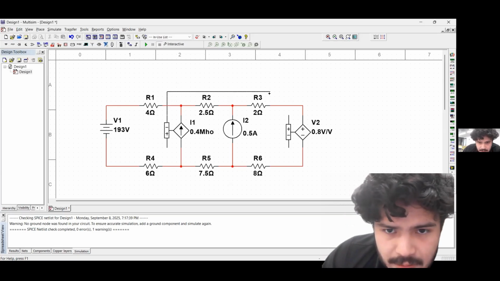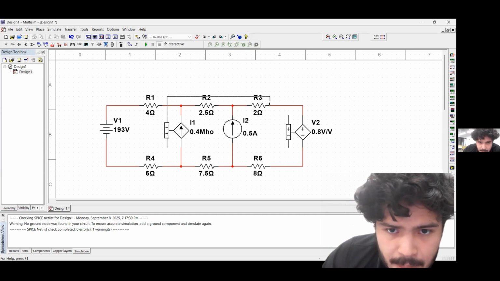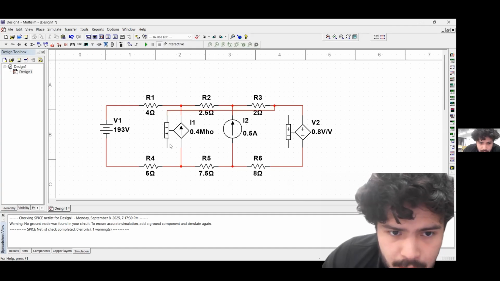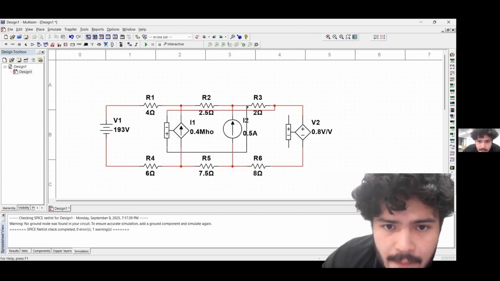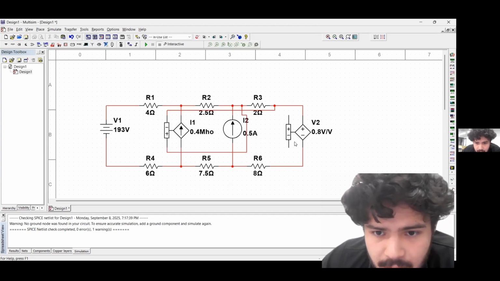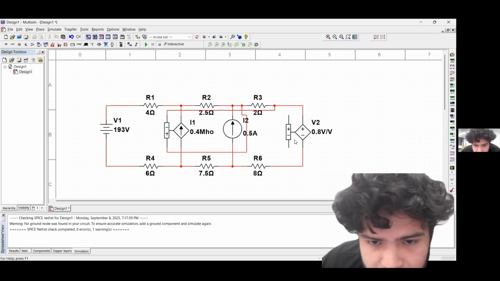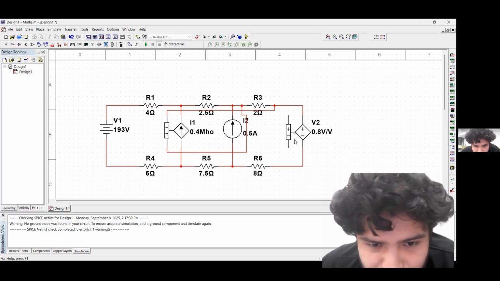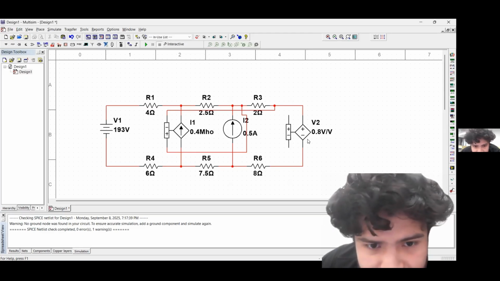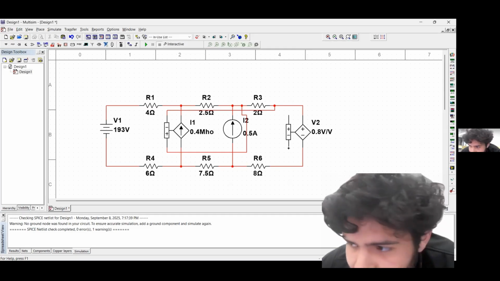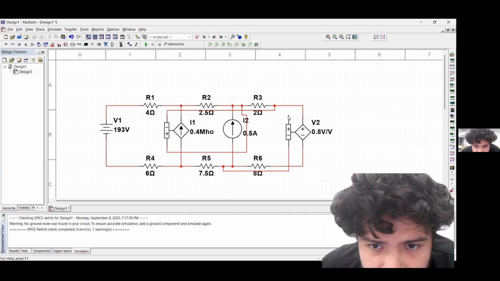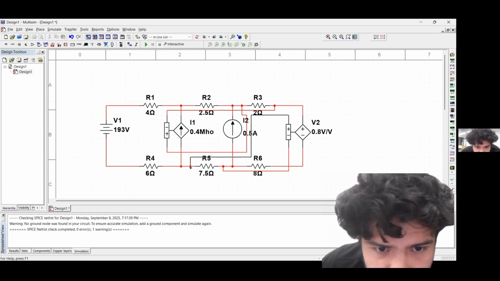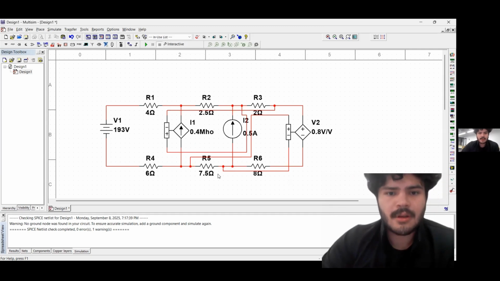Here is the negative part, and then the positive part is like this over here. And then our dependent voltage source, we're going to connect it to our resistance 5. First the negative polarity and then our positive polarity.